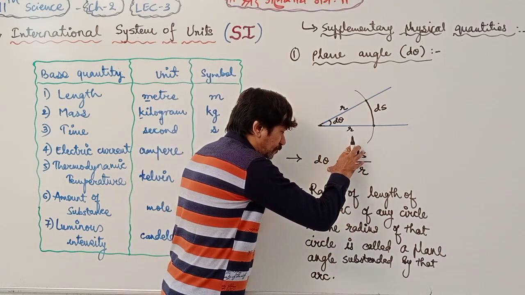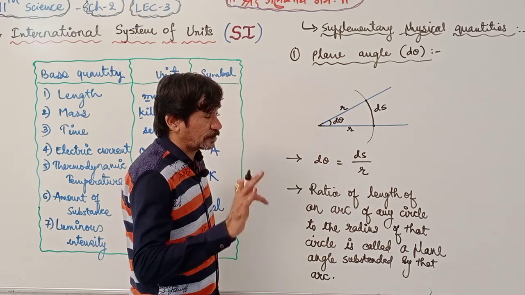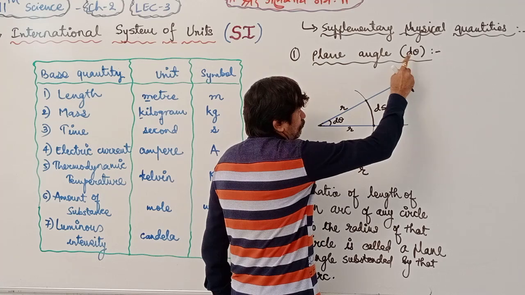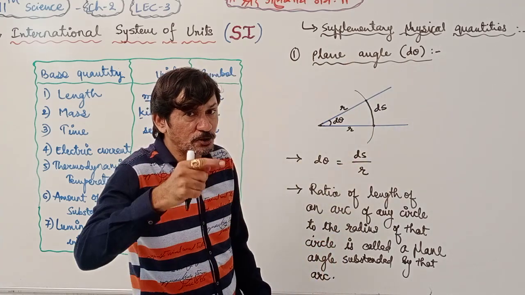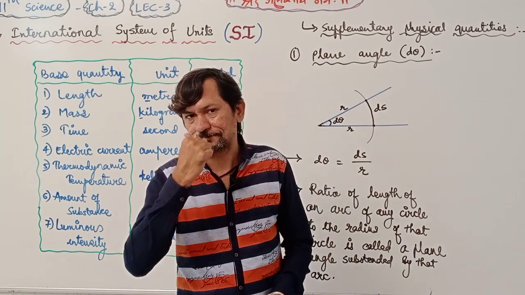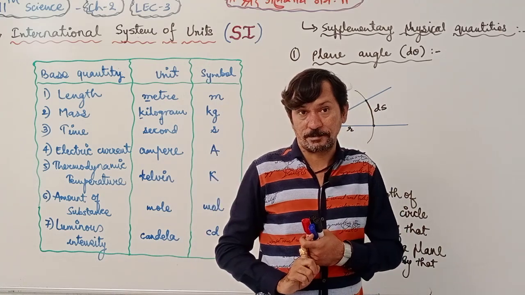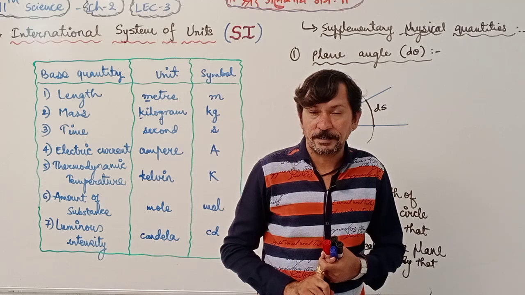Formula is in front of you, definition is there. Now the important thing is d theta is the symbol of this physical quantity. Now the question is, in which unit you will measure plane angle? You know that plane angle is measured in degrees, but in fact degree is not an SI unit.